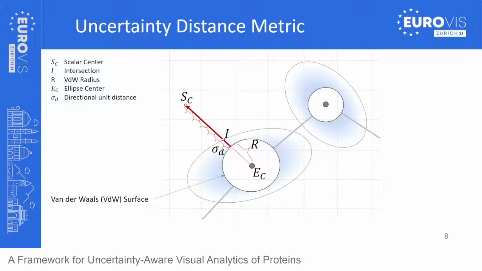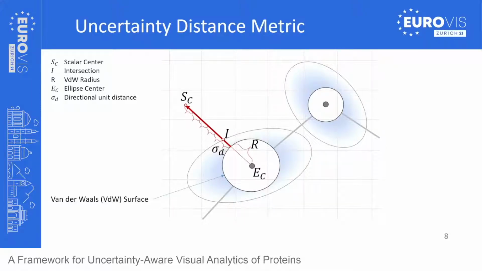This distance depends on the underlying standard deviational ellipse, the van der Waals surface, the eigenvectors, and the two endpoints. So first we calculate the intersection point denoted as I and measure the distance of it to the van der Waals surface. This tells us the directional standard deviation called sigma d, meaning that we created a directional unit distance vector of standard deviation.